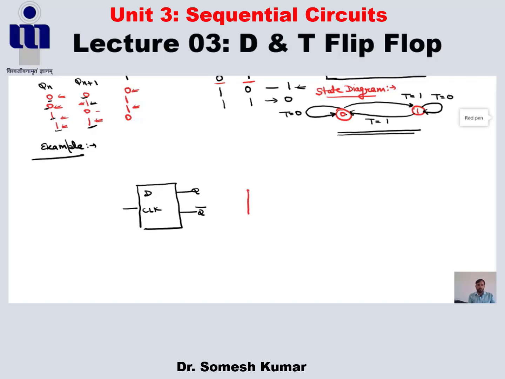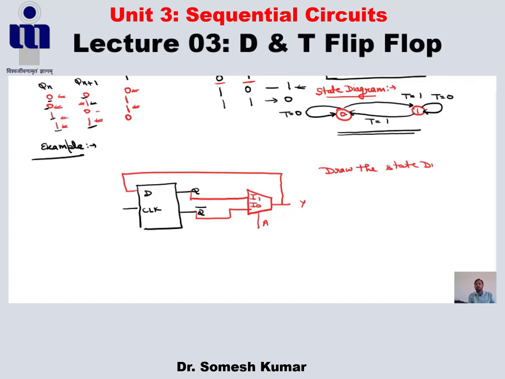This is connected to one mux which has I1 is this, I0 is this, and this is our A, and this is Y. This Y is connected to here, and this Q is connected to I1 and this Q bar is connected to I0. So draw the state diagram for this sequential circuit.